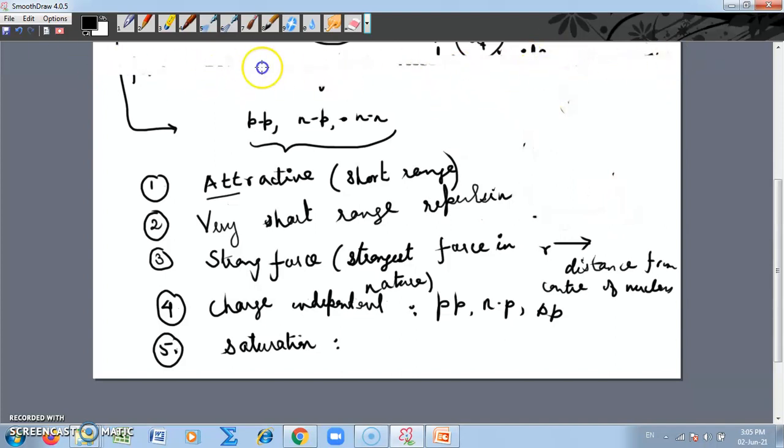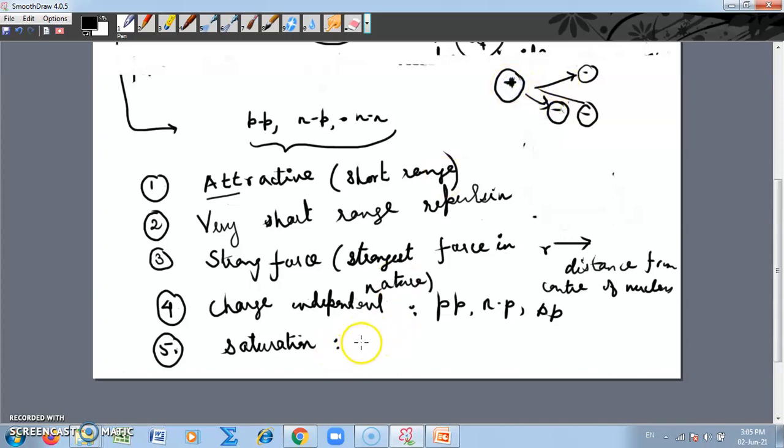We know that in case of electrostatics, suppose I have a positive charge here. I bring another charge here, it will be attracted. And if I bring another charge, that also will experience a force of attraction. This force will be felt by each of these charges.